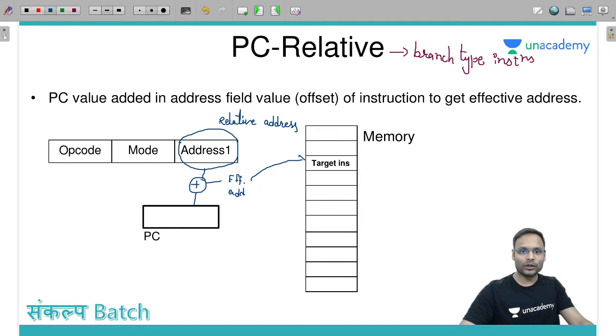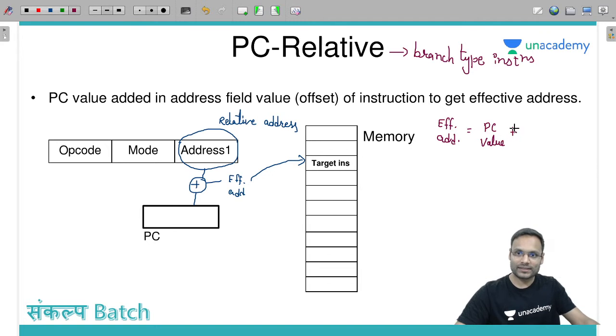On that address you will go to the memory, you will get the target instruction. So how do you get the effective address, which is the target address here? Add two things. One is PC value plus the address part of the instruction, and this address part of the instruction gives you what?